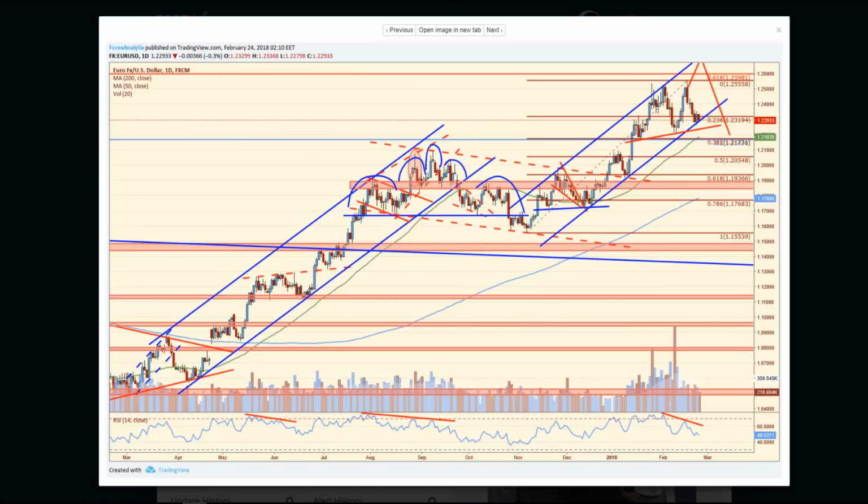We do have a pretty big week coming up, with ECB President Draghi speaking on Monday, and the new Fed Chairman, Chairman Powell, testifying on two different occasions, on Tuesday and Thursday.